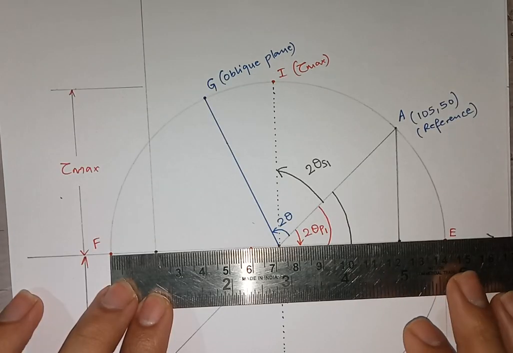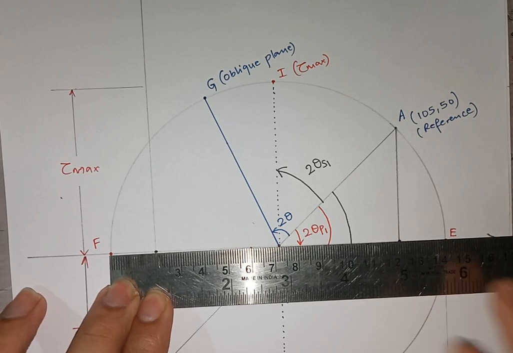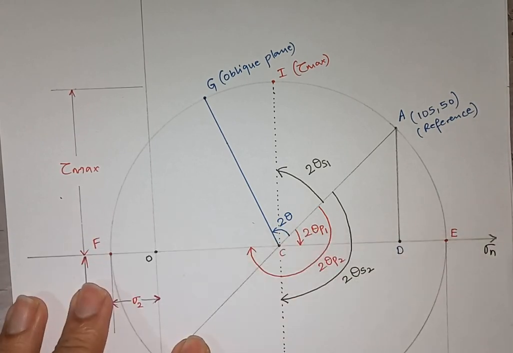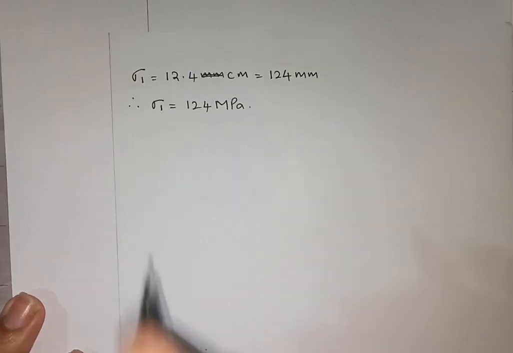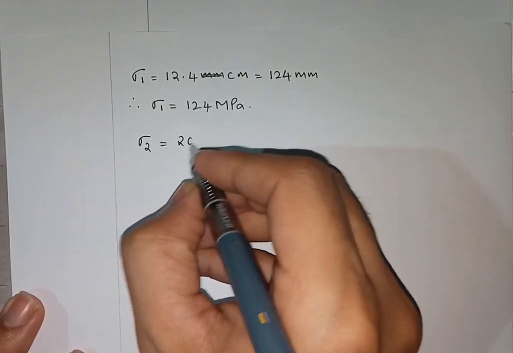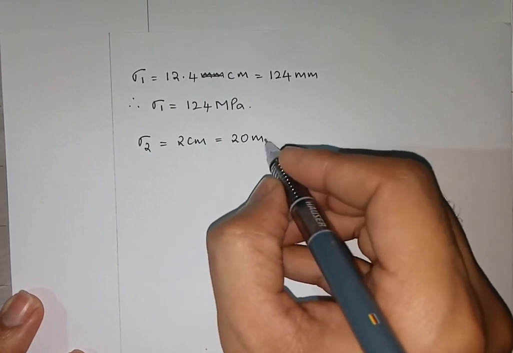Now similarly, let us check out the value of sigma 2. The value of sigma 2 is coming out to be 2 centimeters. If it is 2 centimeters, then we need to convert it into mm. So that is 20 mm.